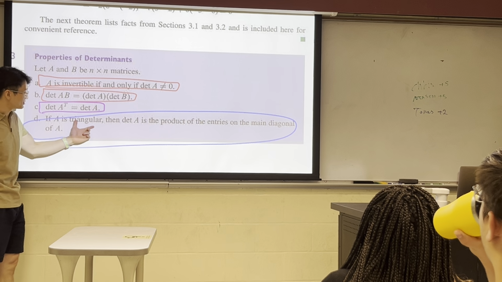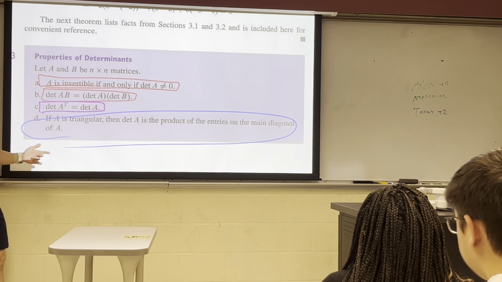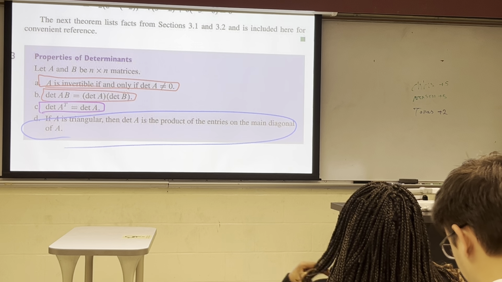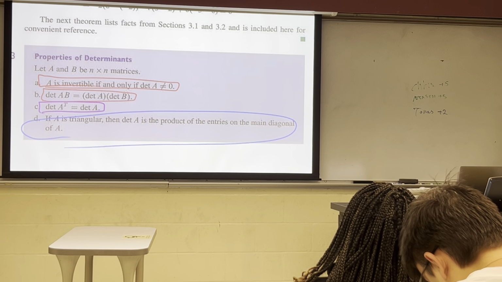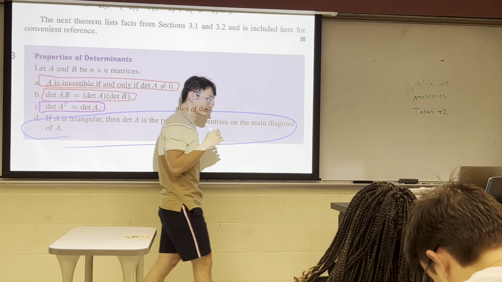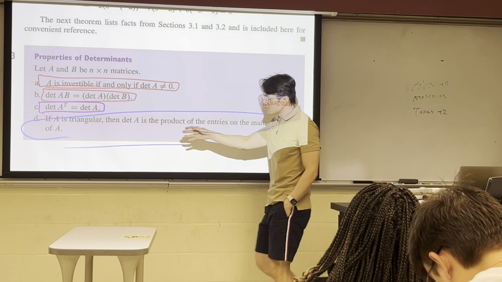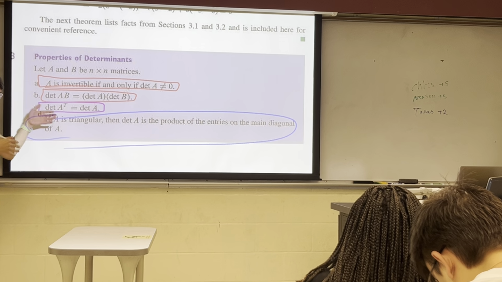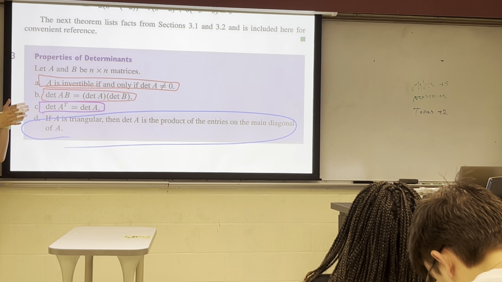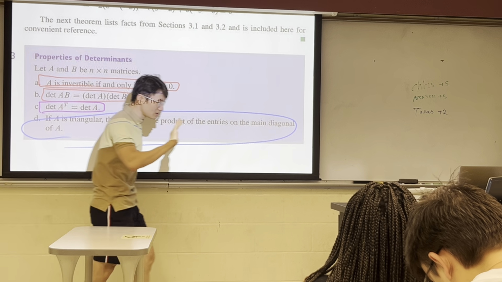Even before we assume something is triangular, what is the definition of a triangular matrix? We learned it yesterday. Zeros below the main diagonal. Yes, we don't need pivots because a triangular matrix is just the shape of the matrix, so we don't need any row reduction.